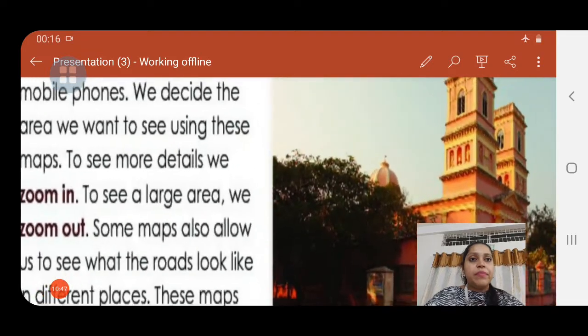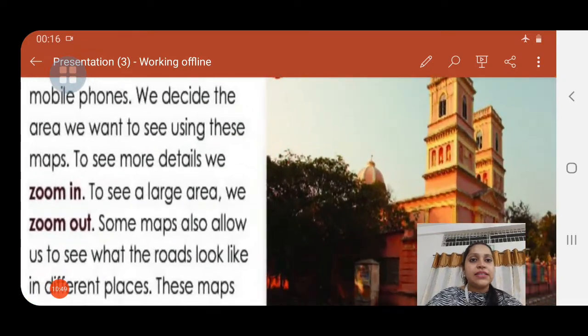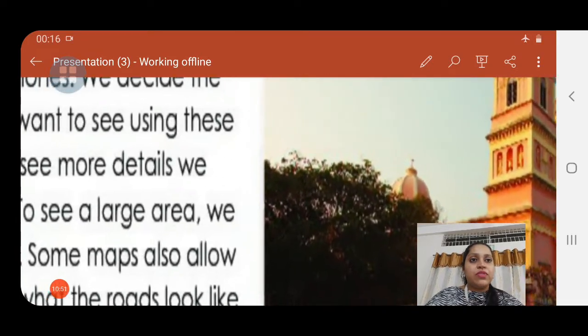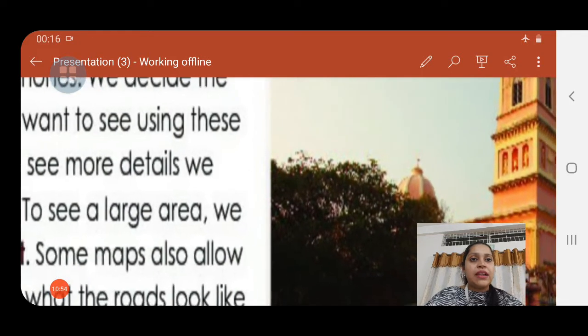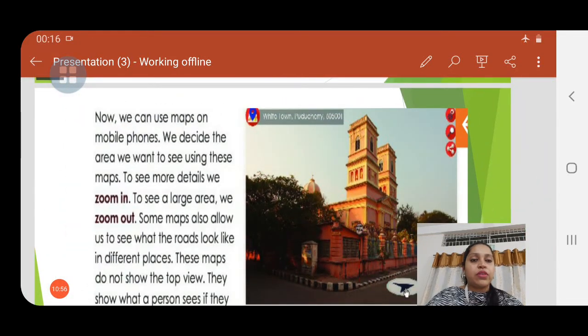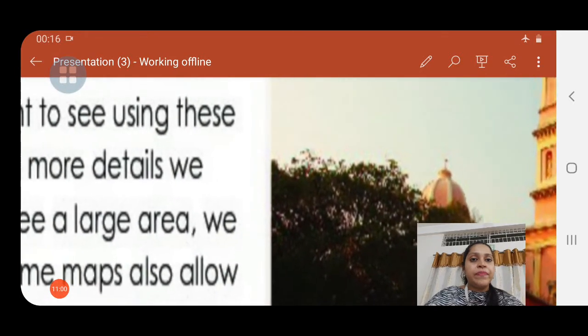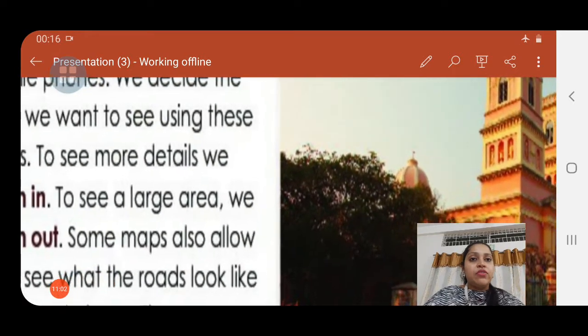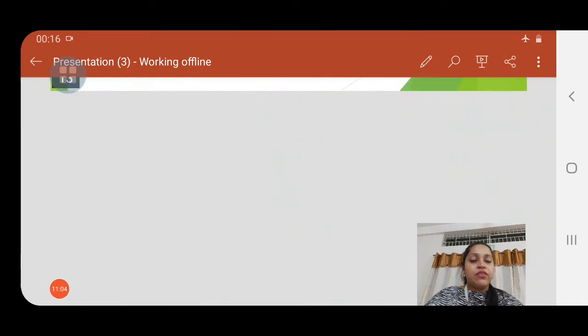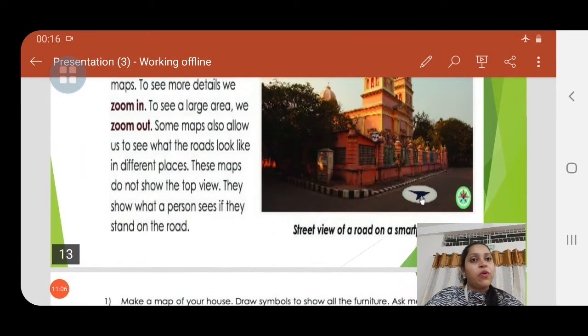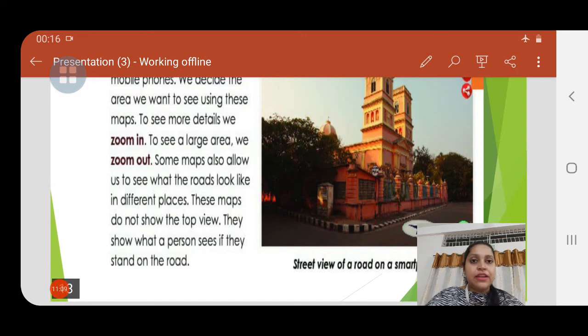To see more details, we zoom in, and to see a large area, we zoom out in this way. Okay children, so I hope it's clear to you.